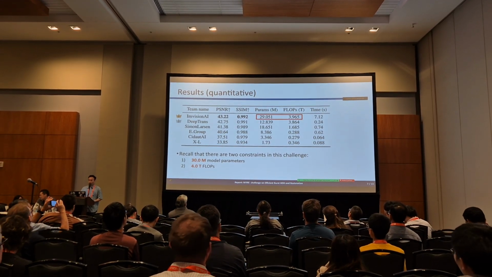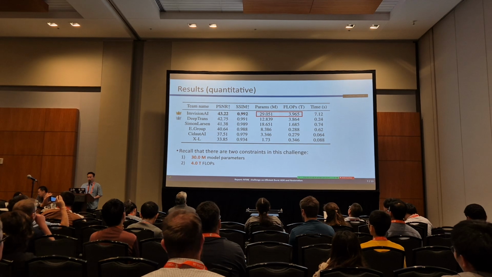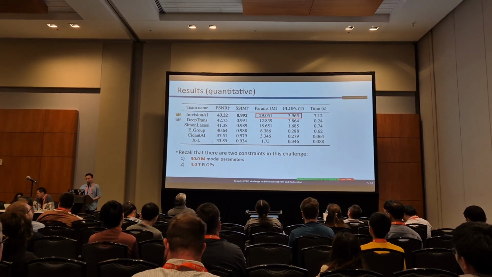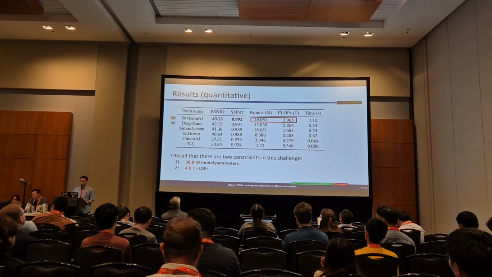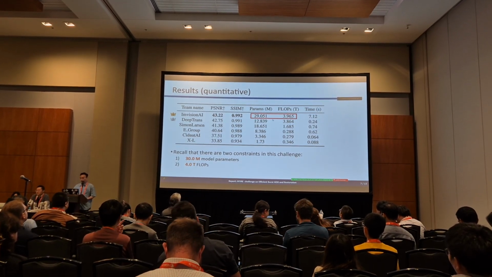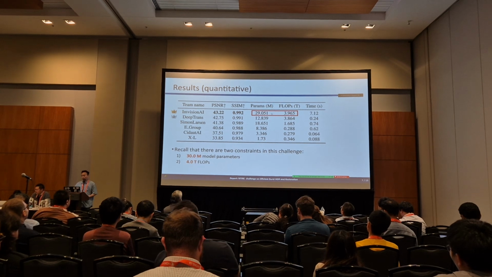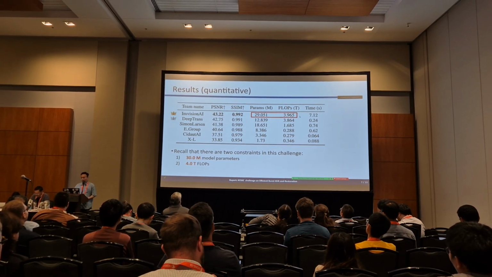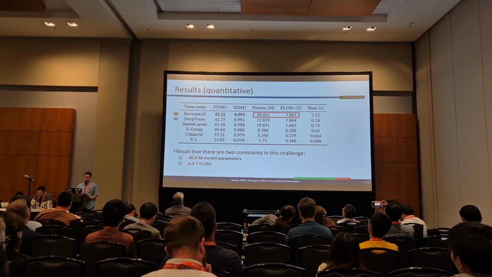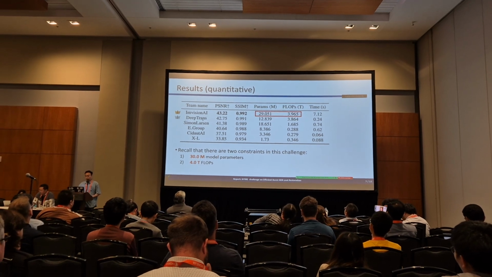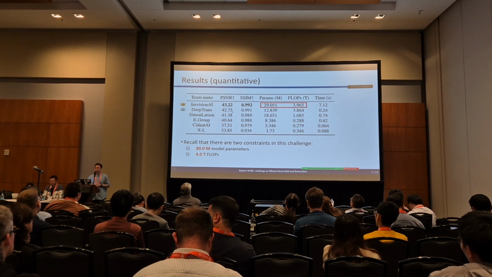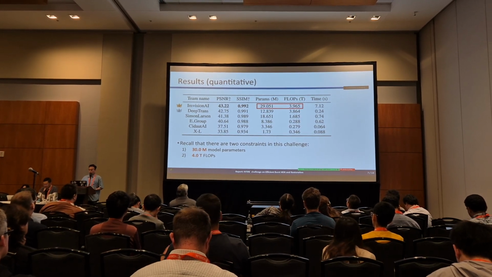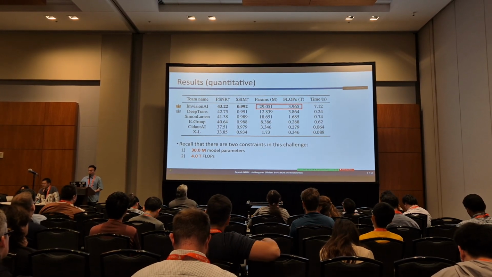And you can notice that they utilize close to the limitations we imposed in this challenge, which are close to 30 million parameters and 4.0 teraflops. And the team in second place is DKS, and they utilize relatively small resources, in both number of parameters and teraflops.